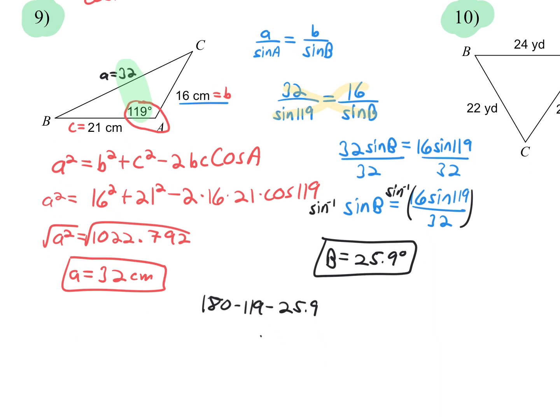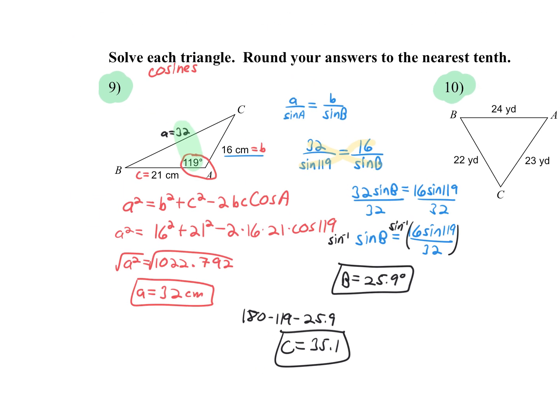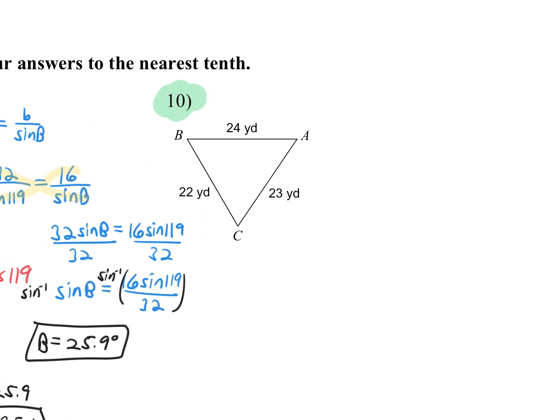Nice. So we get C is 35.1. All right, so kind of a long problem. That's why there's not many of these. Okay, let's try the next one.